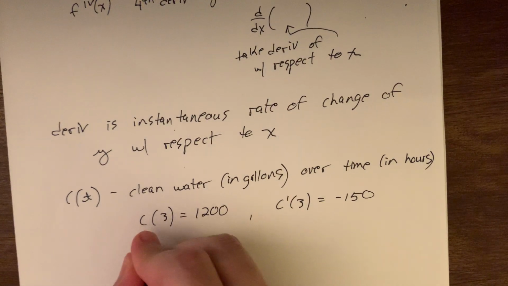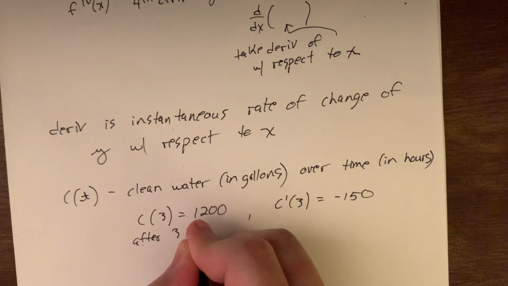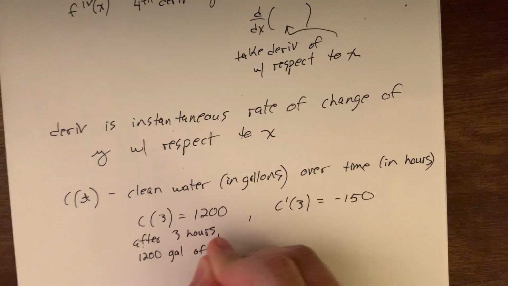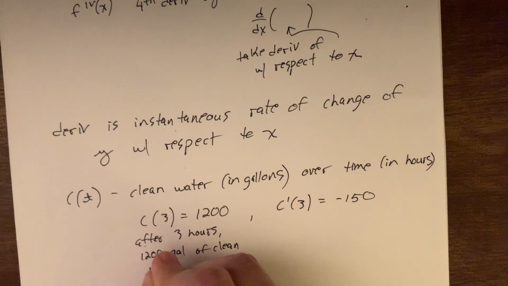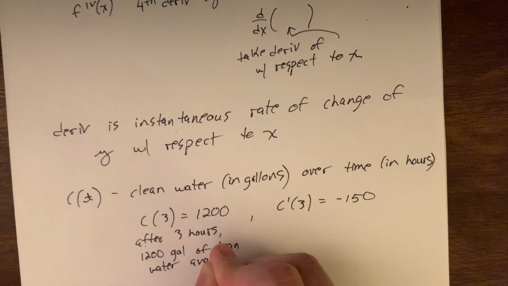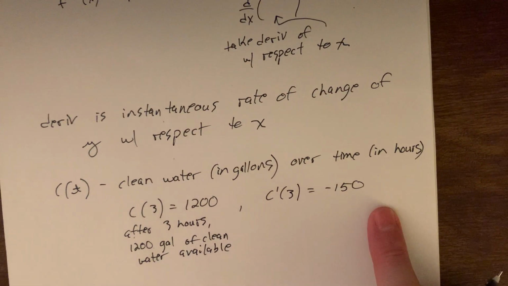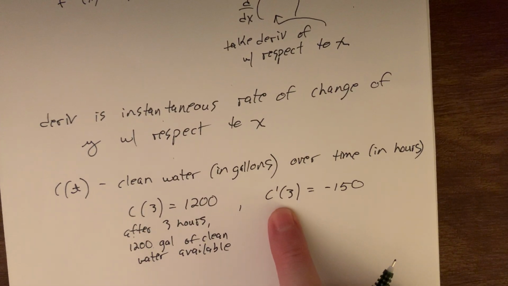Okay? After 3 hours, 1,200 gallons of clean water available. But C prime of 3, now we're looking at the derivative.